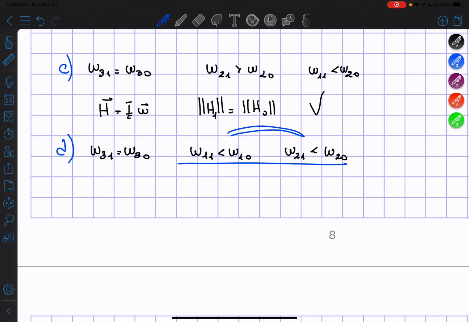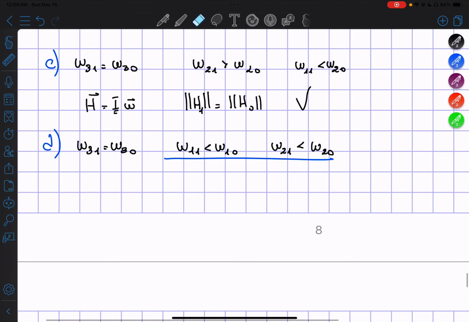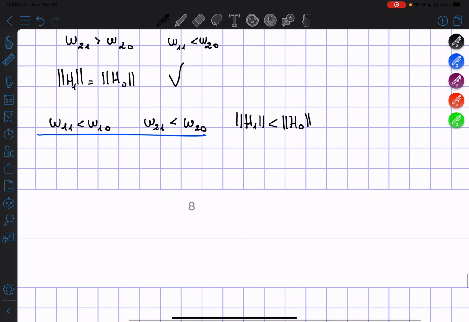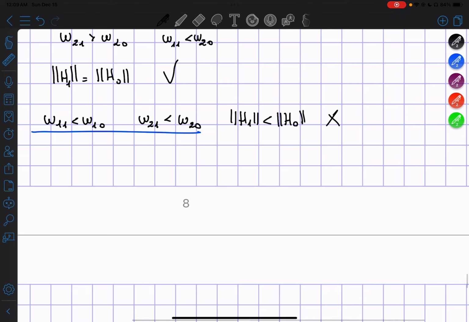I mean, one of the two has to make up for the other, but there's no such makeup. So the magnitude of H at time 1 is going to be less than H at time 0, and therefore it's not feasible. We need to slow down somehow, but without external torque, we cannot slow down.